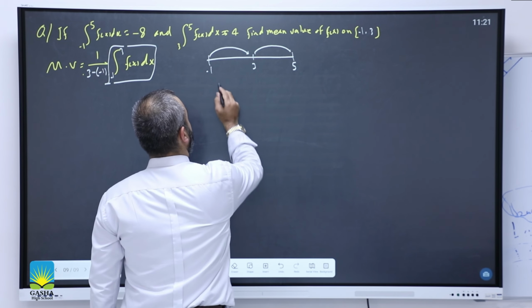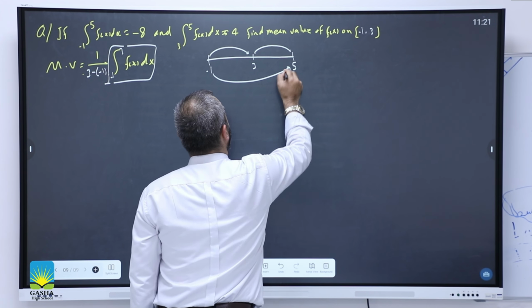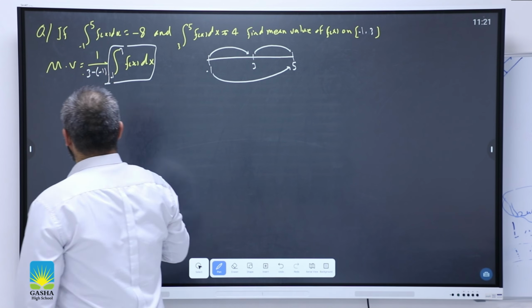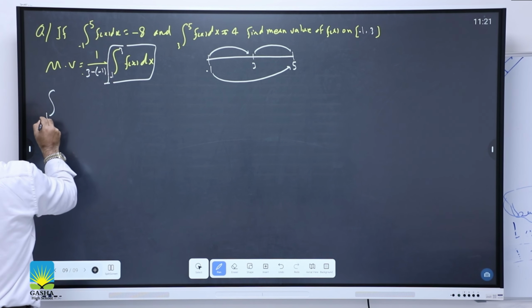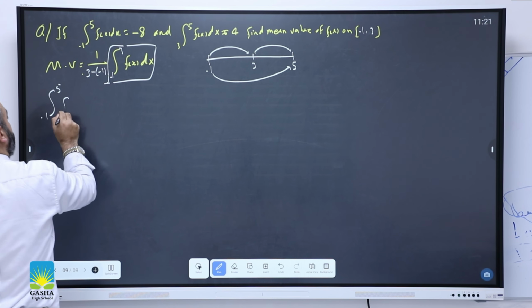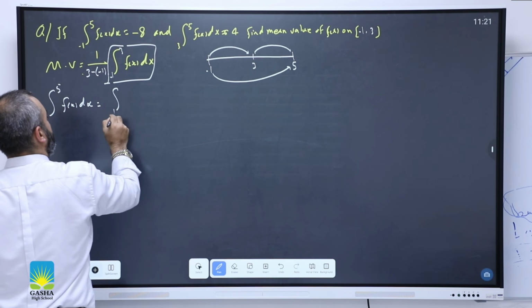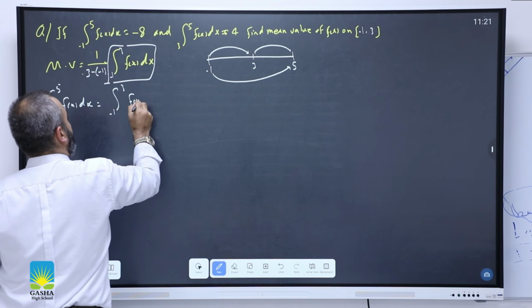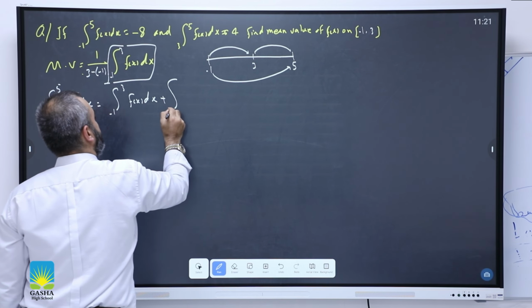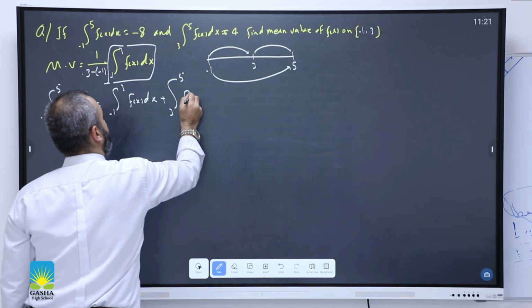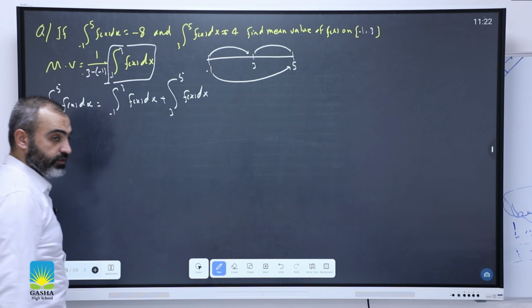So the large interval is -1 to 5, and the integral of -1 to 5 of f of x dx equals the integral -1 to 3 of f of x dx plus the integral 3 to 5 of f of x dx, right?